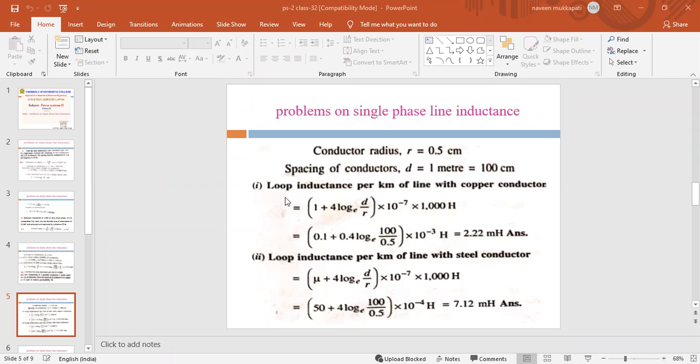We are taking two parallel conductors, but instead of other material we are using copper as the conductor.